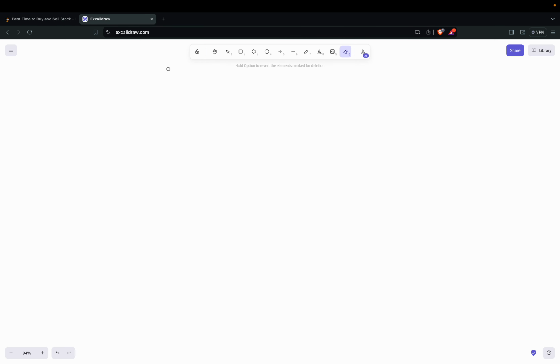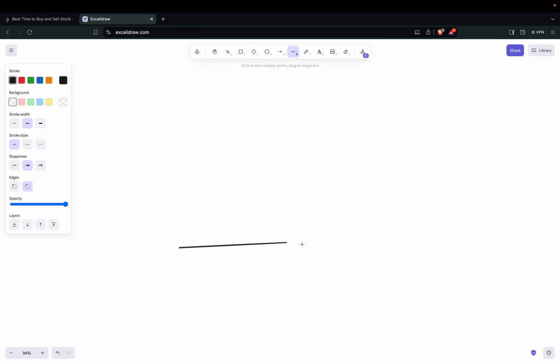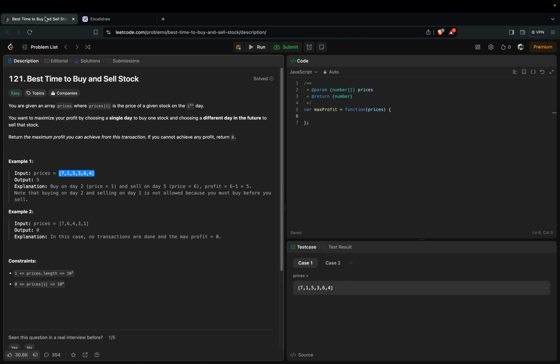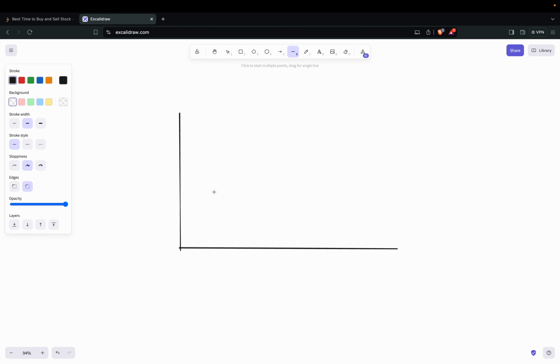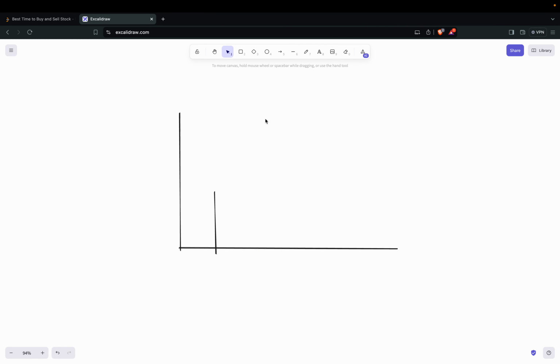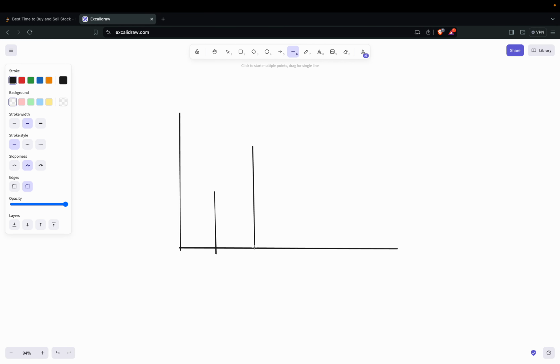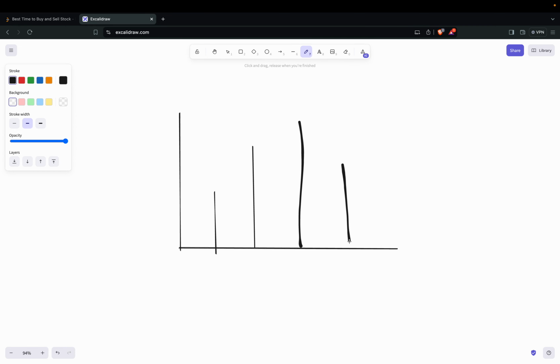If you look at this array, you can consider it as a chart of the stock prices. So suppose, for example, there is one, this is 7, and this represents 1, let's say this represents 5, this represents 6, and this represents 4.